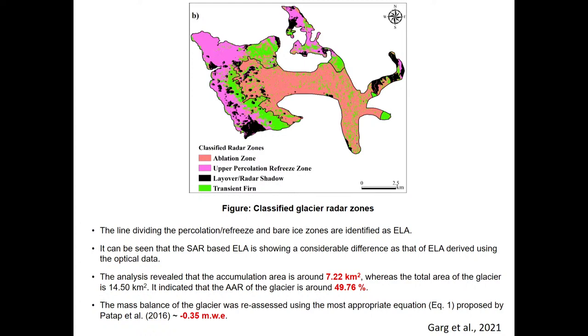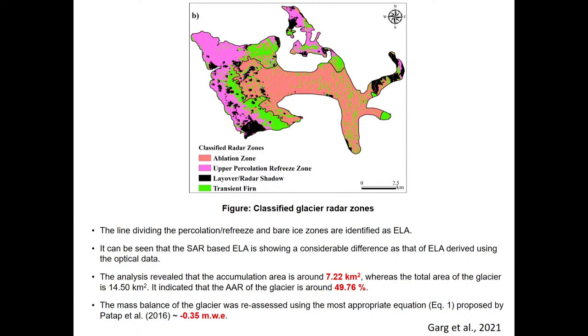The SAR data overcomes the limitations of the optical remote sensing data, because if you want to do glacier mapping and map the accumulation area and the ablation area, we prefer the optical data from the end of the ablation time period. This time period falls in the end of August or early September in India.